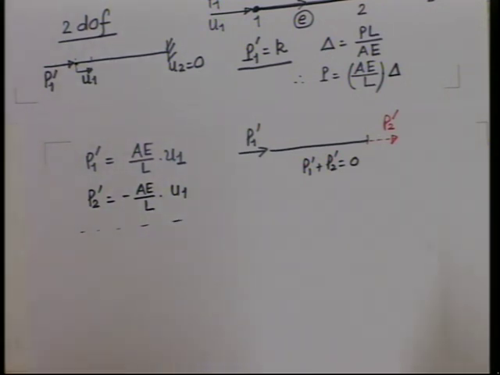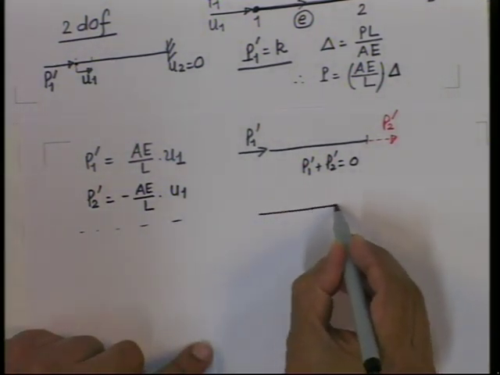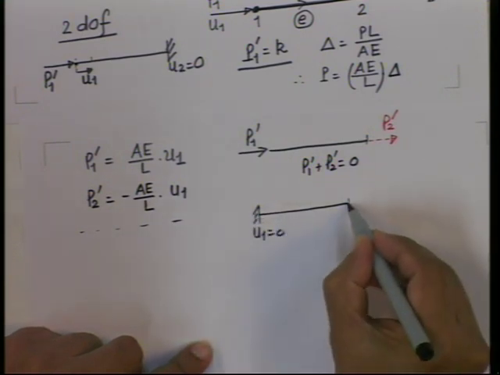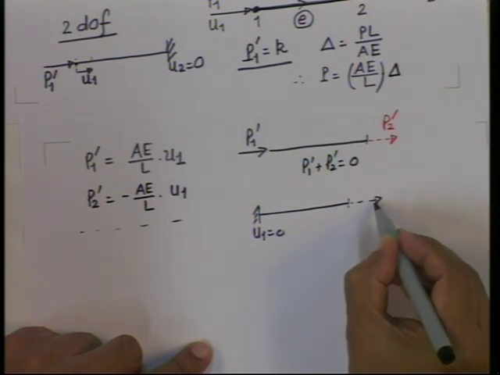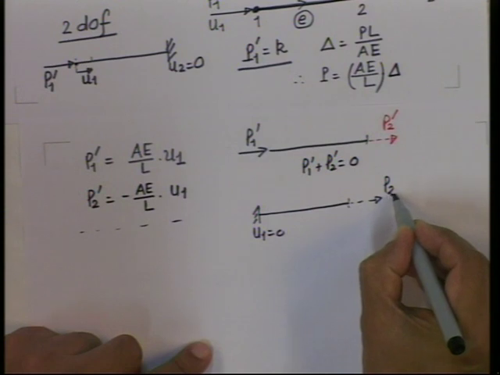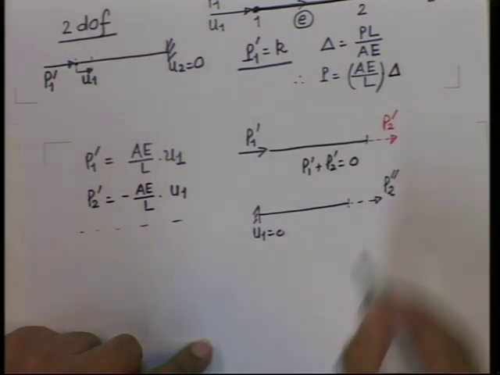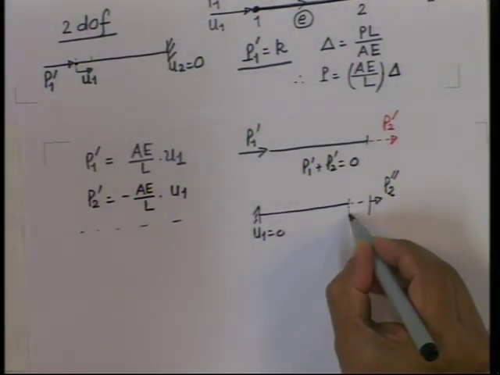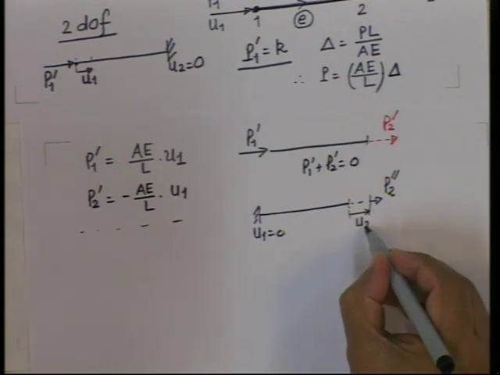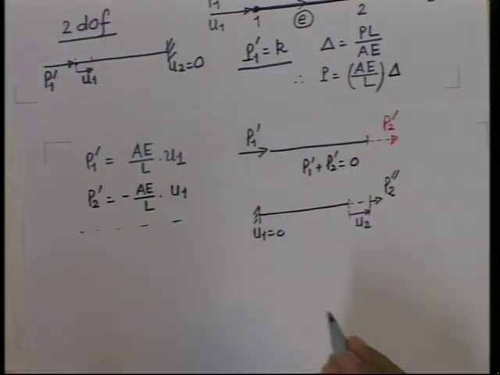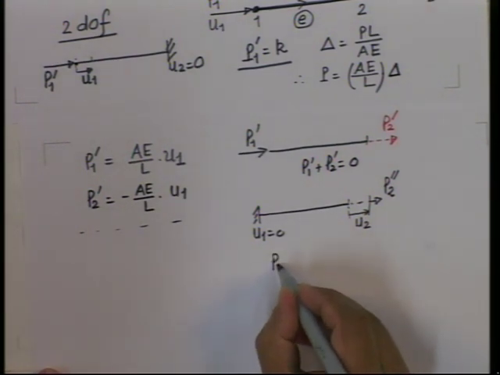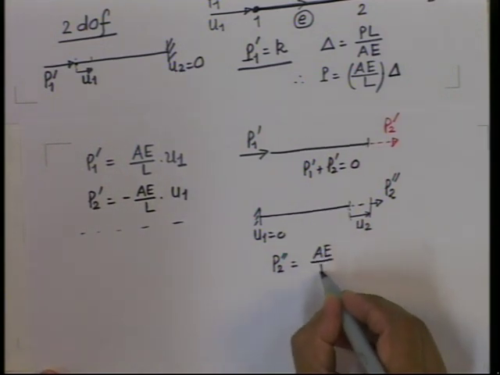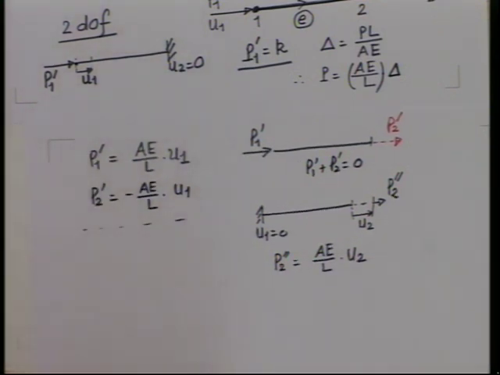Now, if you do the same thing for the second degree of freedom, that is, fix U1 equal to 0, apply a P2 double dash such that displacement here is U2, then we have a relation P2 equal to A by L into U2.